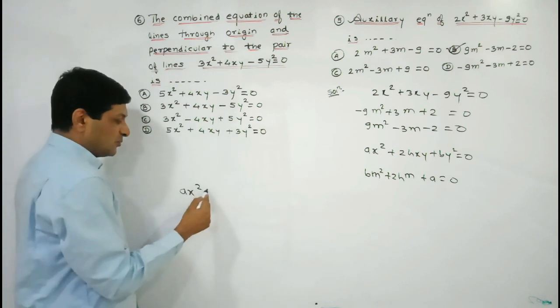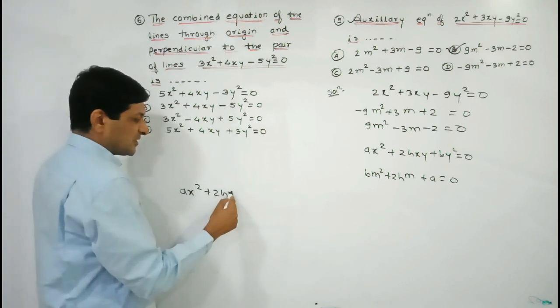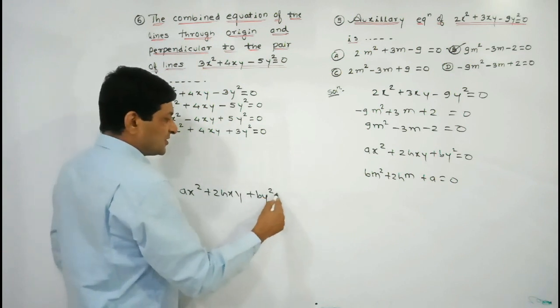Suppose the given homogeneous equation is ax² + 2hxy + by² = 0.